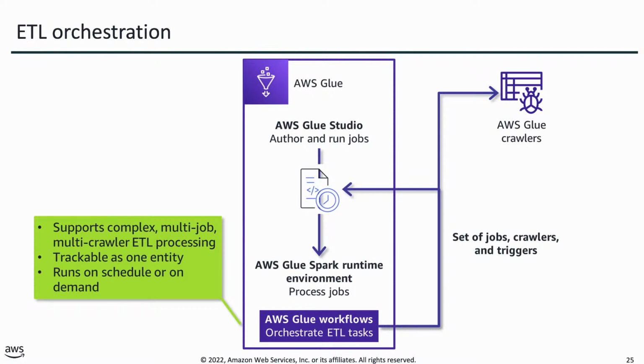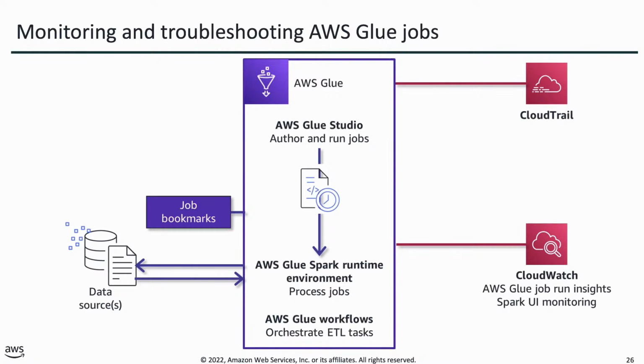If we think about some of the ETL processes with Glue, a few things to consider would be that you can use it to design multi-job or multi-crawler ETL processes, and then you can also run the workflow on demand or even on a schedule. You can also do job bookmarks, so you can process new data when you're rerunning on a scheduled interval.